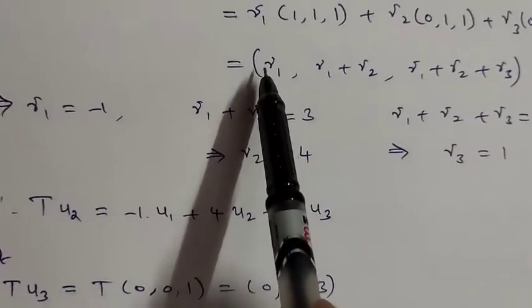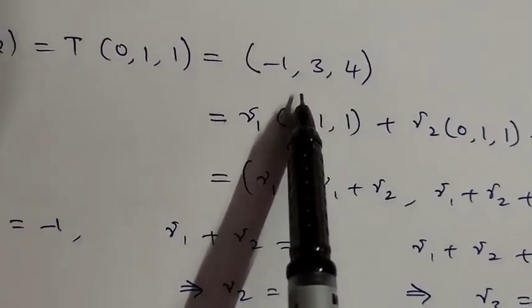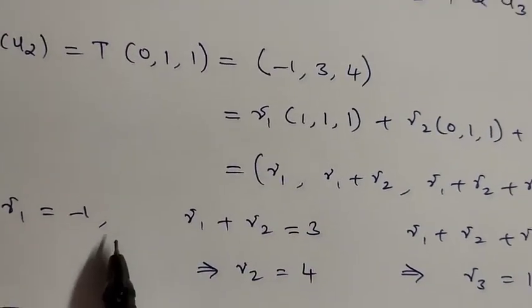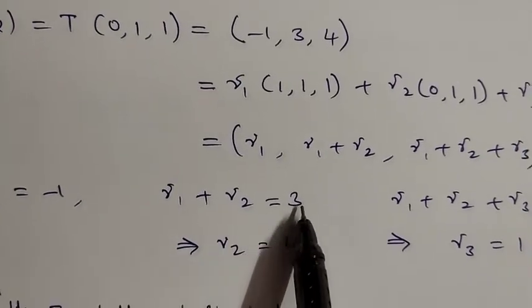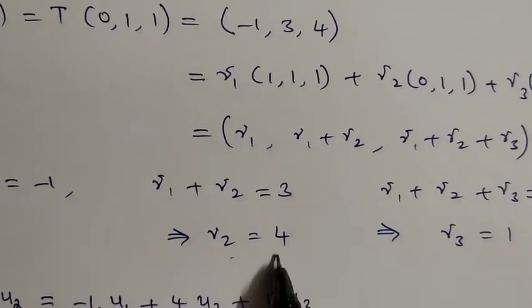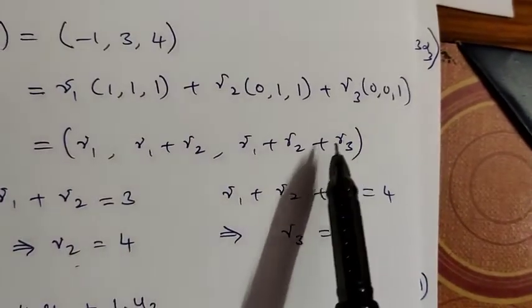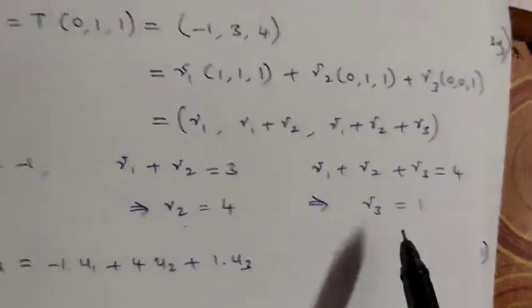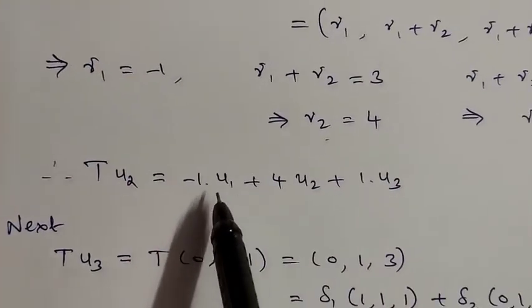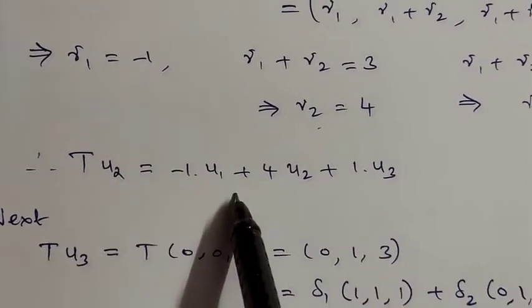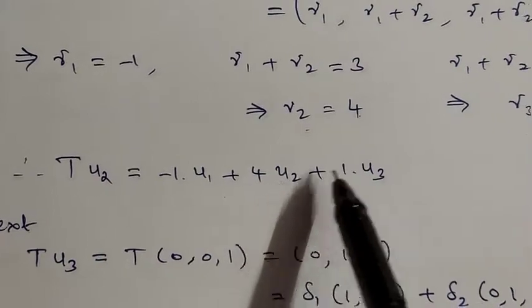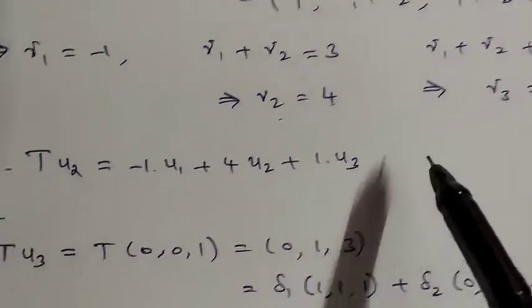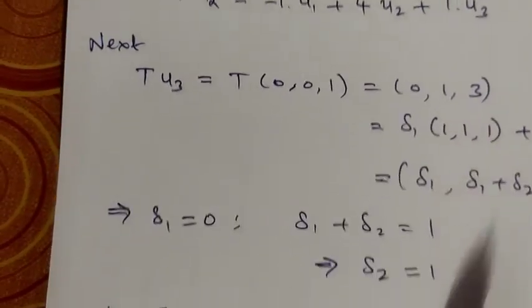Equating these to the corresponding coordinates, we get gamma 1 is equal to -1, gamma 1 plus gamma 2 is equal to 3, which means gamma 2 is equal to 4, and gamma 1 plus gamma 2 plus gamma 3 is equal to 4, which implies gamma 3 is equal to 1. Therefore T of u2 is -1 into u1 plus 4 into u2 plus 1 into u3. So you get the second equation.